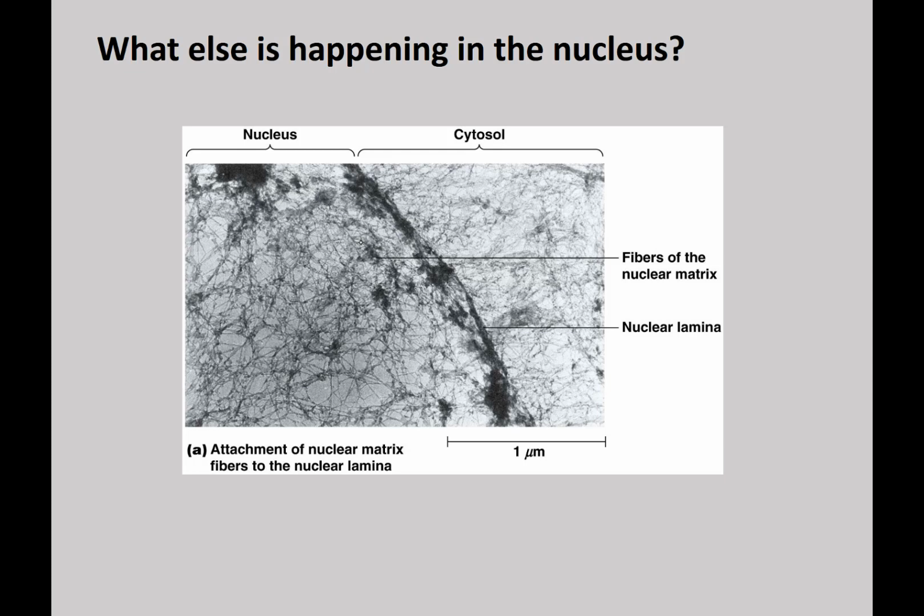All right, so what else is happening in the nucleus? You've got this cool thing called the nuclear lamina. And lamin is a type of protein. It's called an intermediate filament. And we are going to come back and talk about this again in Unit 3 with the cytoskeleton.